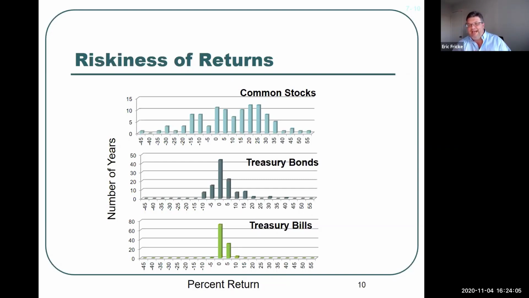And so how do we measure this risk? Because what this is showing is risk. Treasury bills, very narrow range of outcomes, low risk. Common stocks, wide range of potential outcomes, high risk, because we have a harder time estimating what the actual outcome will be. What measures this is variance.